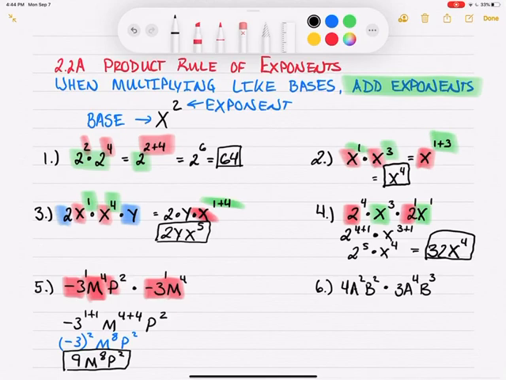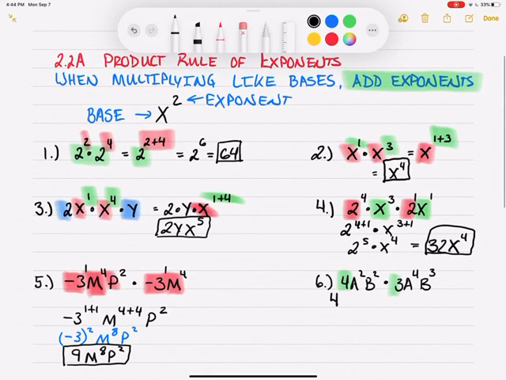In example 6, I have 4a squared b squared times 3a to the 4th b to the 3rd. Okay, so I don't have, as far as numbers go, like terms, but I can still take 4 and 3 and multiply them. So I'm going to have 4 times 3 out front.